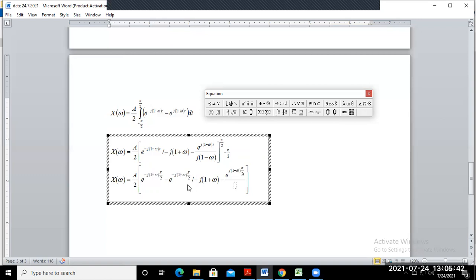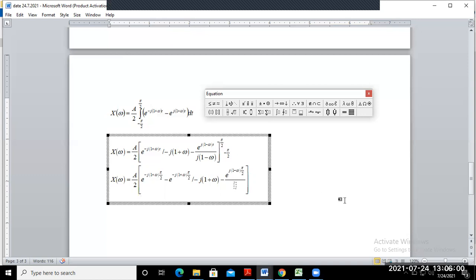That means e to the power j theta minus e to the power minus j theta divided by 2j is equal to sine theta. So again you put it in sinusoidal form, and this becomes the Fourier transform of the cosine function.